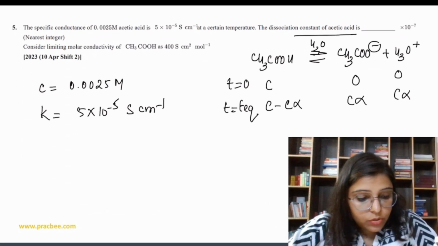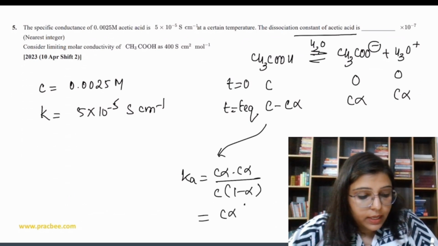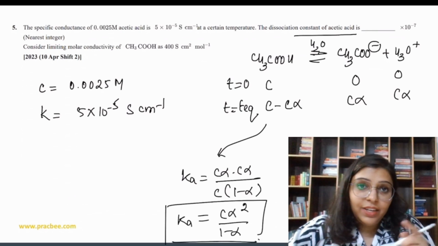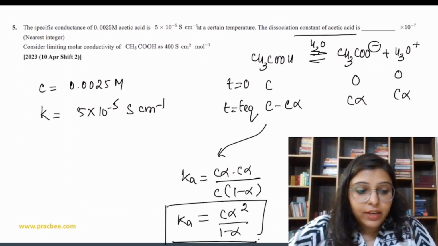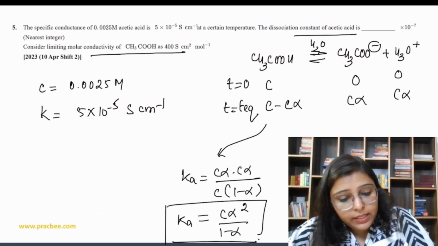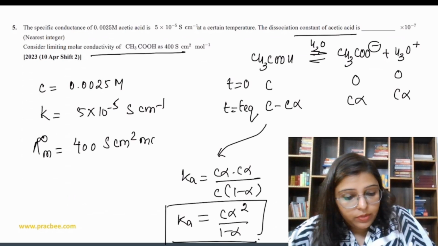Okay, so Ka is equal to C alpha into C alpha upon C into 1 minus alpha, so we can write C alpha square upon 1 minus alpha. We have to find Ka, and for that we need the alpha value. The limiting molar conductivity is given. Lambda infinity M of acetic acid is 400 Siemens centimeter square mole inverse.